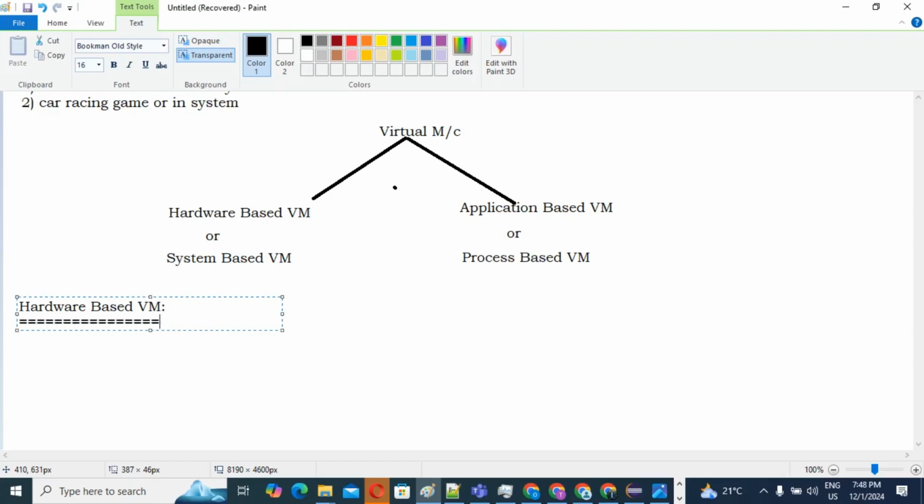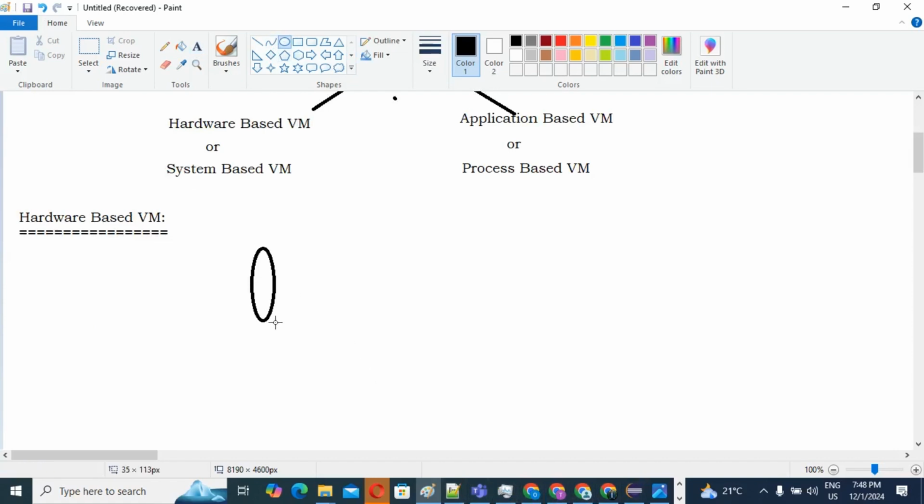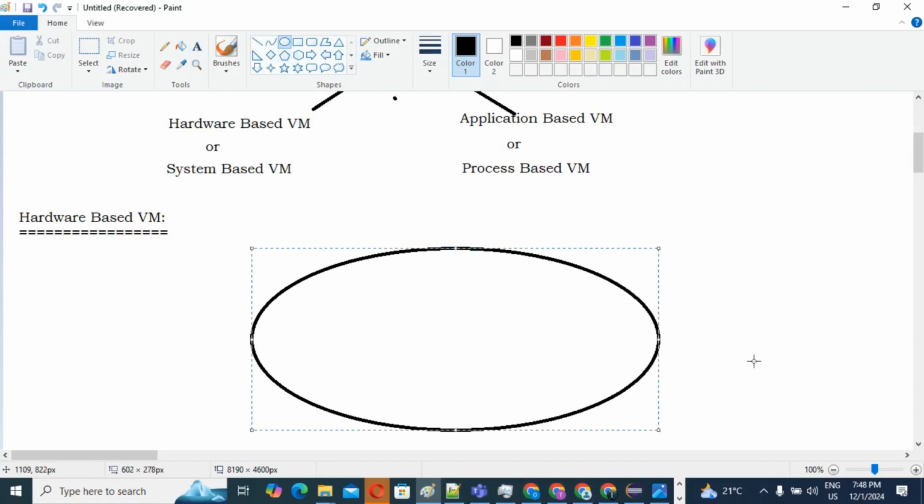Now we need to understand what is hardware based virtual machine. First, I will explain with a diagram, then I will explain the theoretical part. With this diagram, you will come to know very easily, guys.